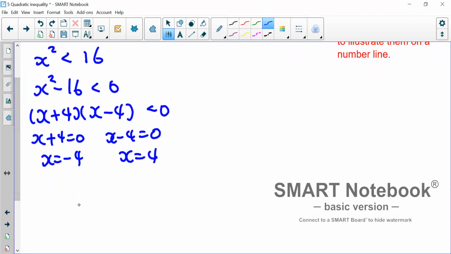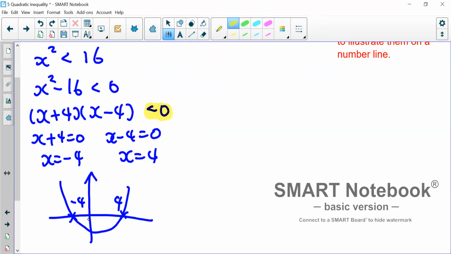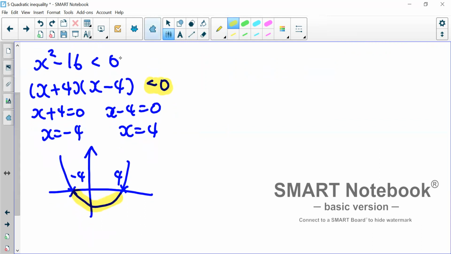Now we can sketch the graph. This is a positive coefficient in front of x squared, so we have a U shape. And it cuts the x-axis at minus 4 and 4. The inequality is asking for less than 0, which means we want the region that goes below the x-axis.